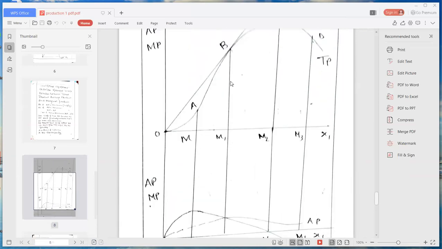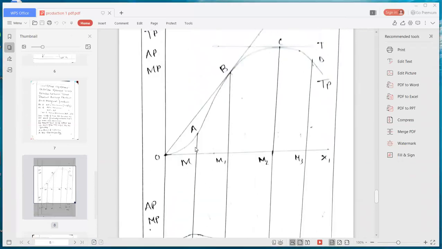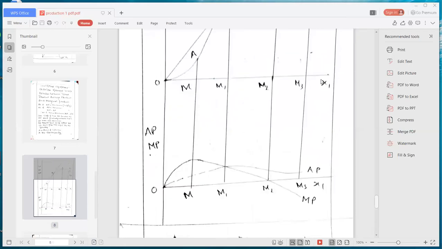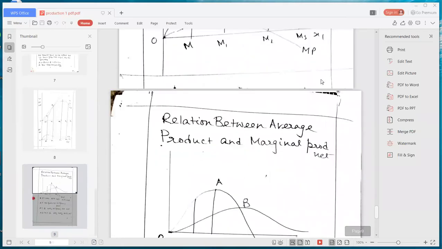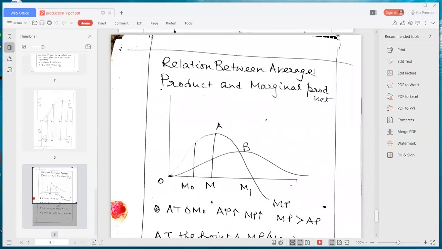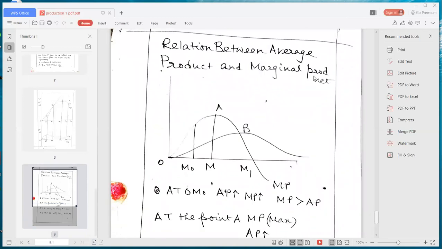So we can see how the average and marginal product curves are obtained from the total product curve TP. Now I shall explain the relation between average product and marginal product.